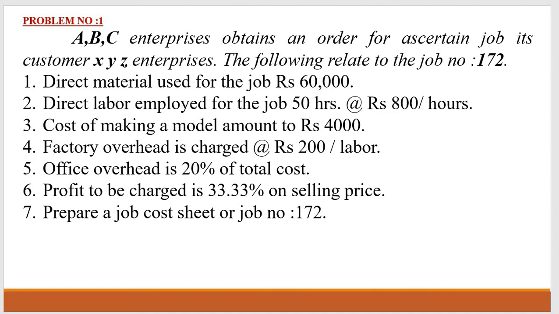We know that work cost plus office overhead is equal to total cost. In this question, no further information is given, so we need to find out the office overhead. Let me show you how to find out the office overhead.